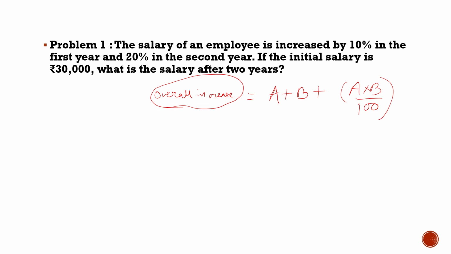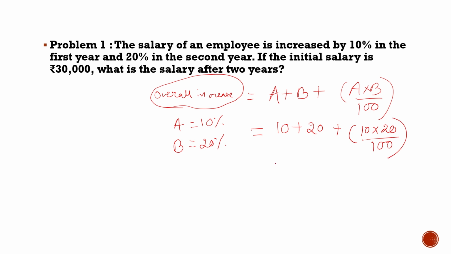What is the overall increase in 2 years, right? Percentage of overall increase of salary. So here A is, as you know, 10%. In the first year, the increase was 10%, and in the second year, the increase was 20%, right? So we will just substitute these two values. First it will be 10 plus 20 plus 10 into 20 by 100, right?